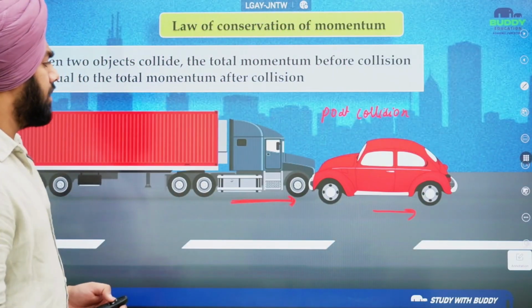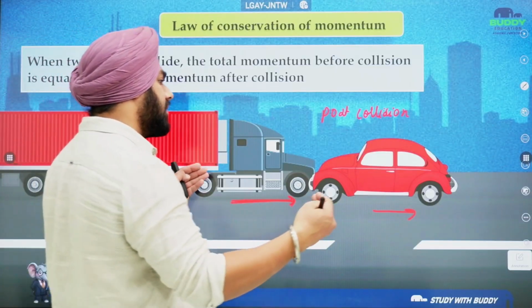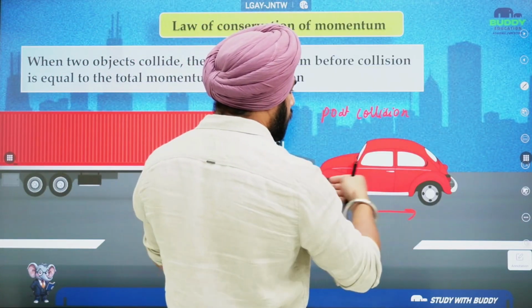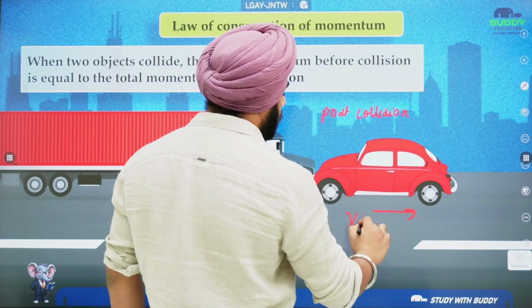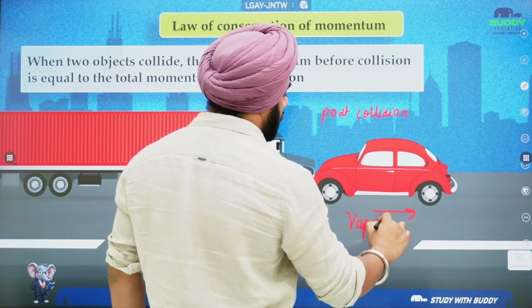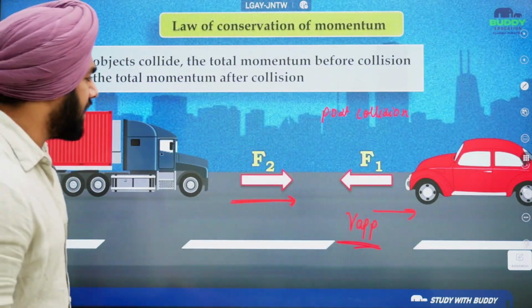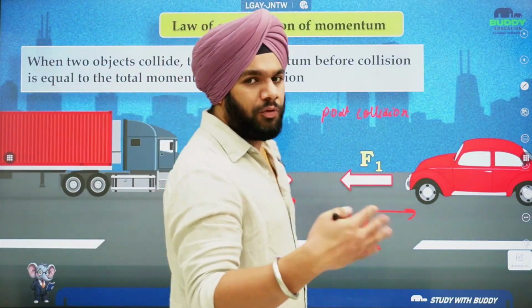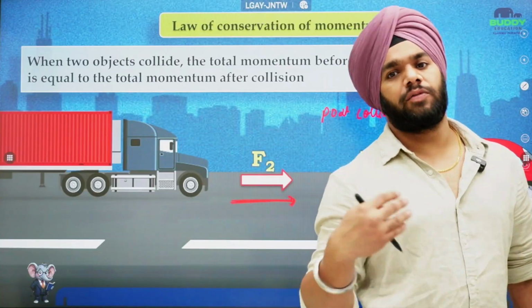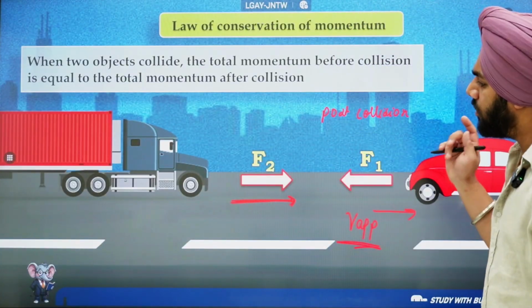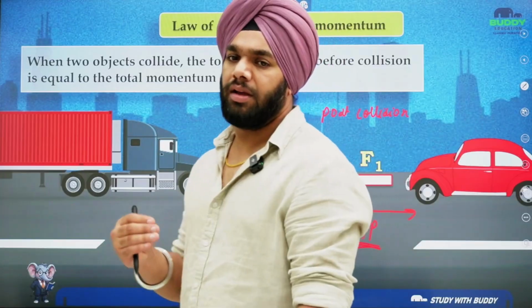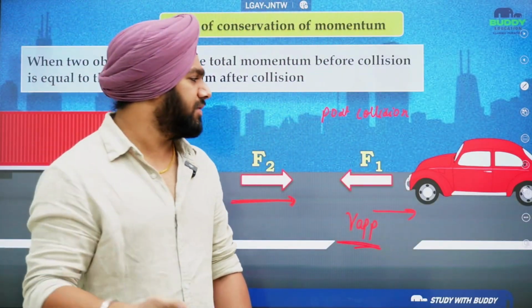Or we can say before collision, it was the velocity of approach. They were approaching each other. Post collision they are separating. So before collision it is velocity of approach, and post collision it is velocity of separation. This is what you can remember, because this is a very basic thing.